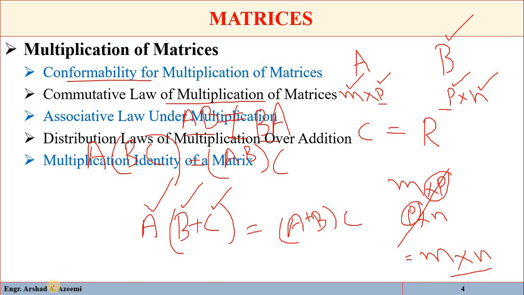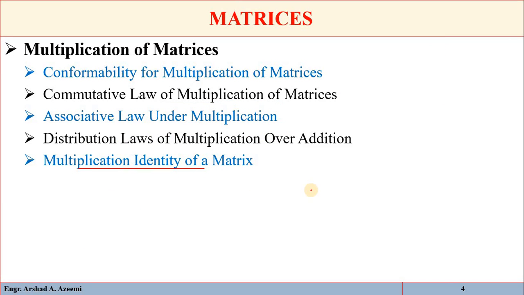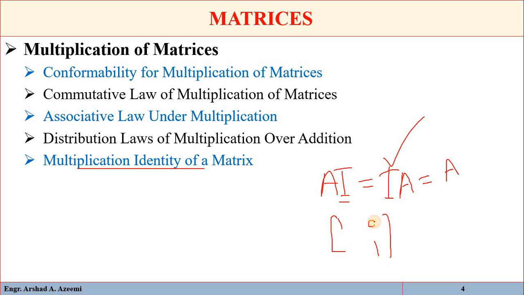Then we have the multiplicative identity of a matrix. Similar to the additive identity, if we multiply an I matrix with a matrix A and as a result we get the same matrix, then the I matrix will be called the multiplicative identity of matrix A. It will be the identity matrix of the same order as matrix A. For example, if we have a general matrix with entries A, B, C and D, then the multiplicative identity matrix will be this one.